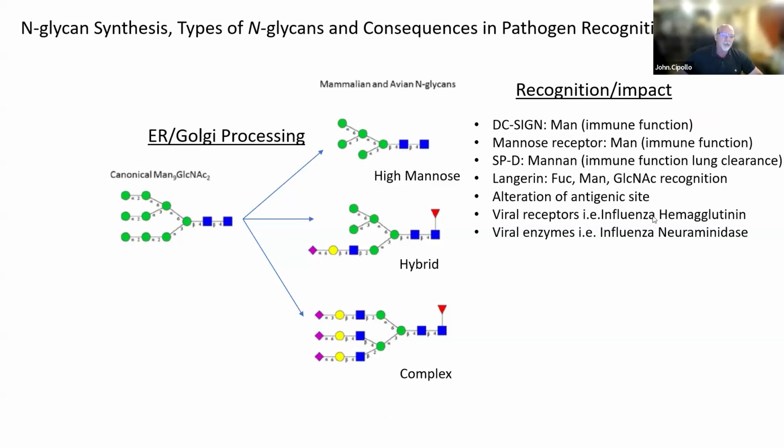SP-D recognizes mannan and other saccharides, polysaccharides, oligosaccharides, and pathogens. Langerin is a dermal-located lectin that's also linked to a very specialized dendritic cell in the skin, a target for development in vaccine design, and of interest overall in innate immune systems.